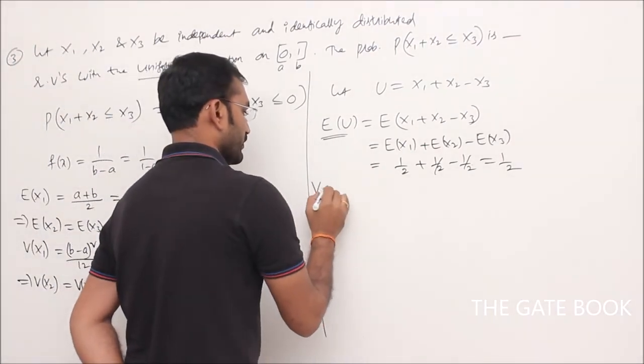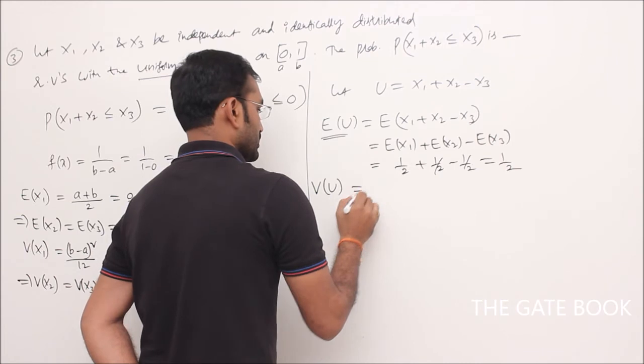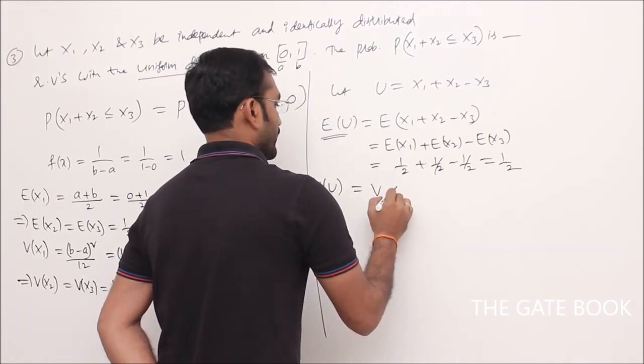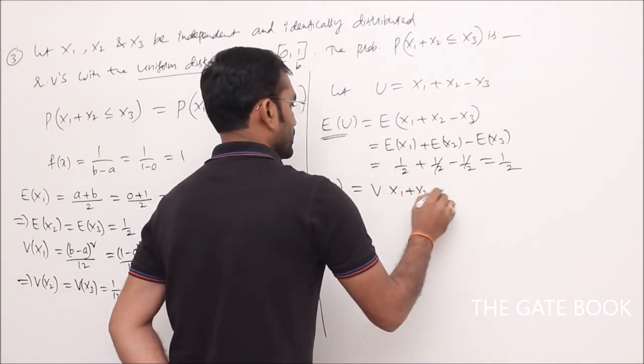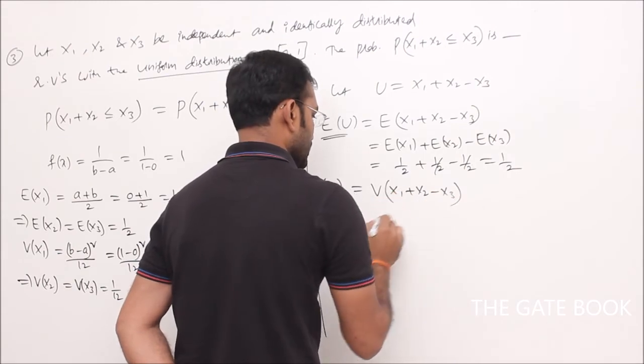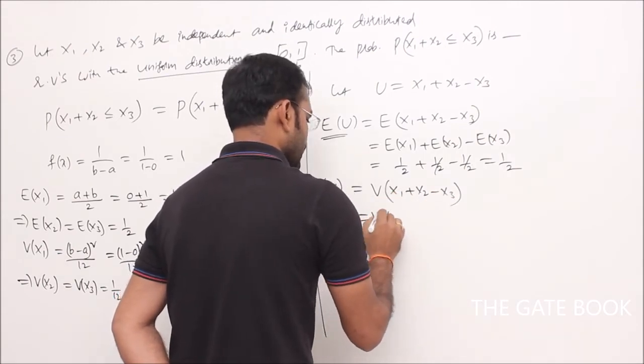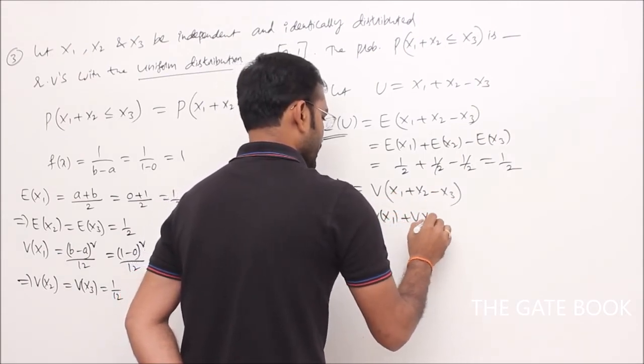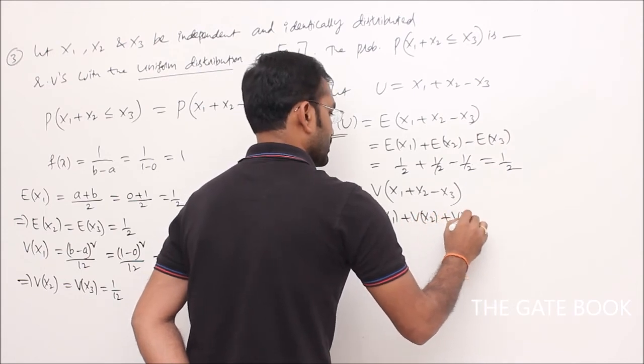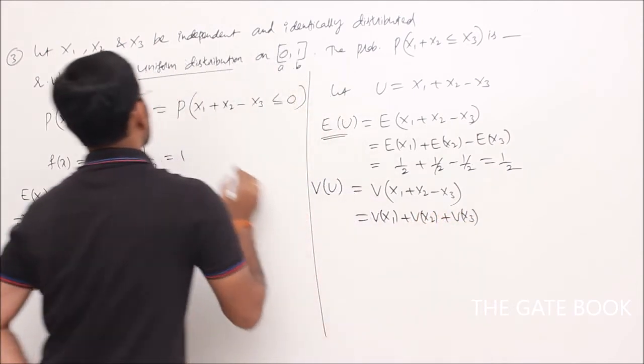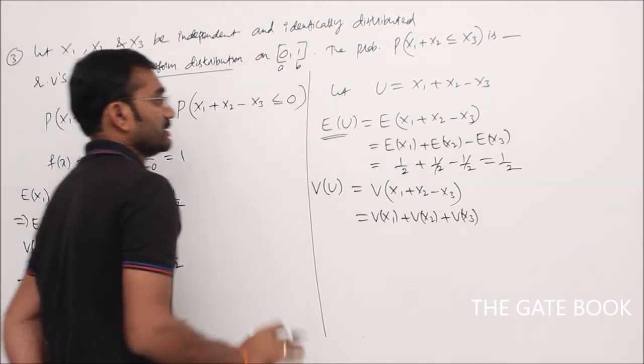Now, finding the variance of u also. Variance of x1 plus x2 minus x3. Using variance properties, this will be the variance of x1 plus the variance of x2 plus the variance of x3. Here x1, x2, x3 are independent and identically distributed.